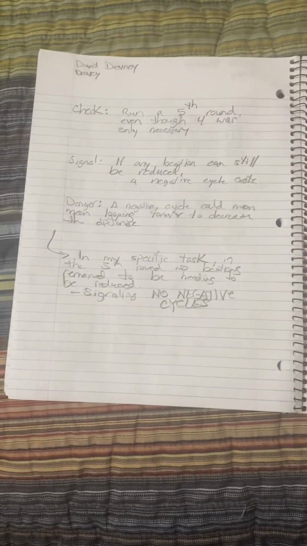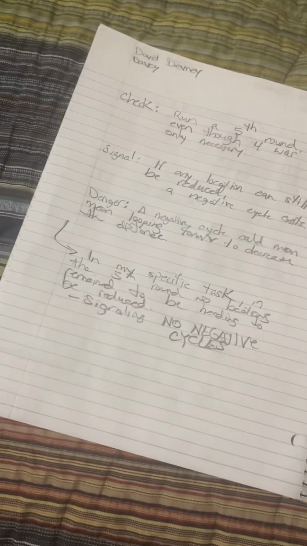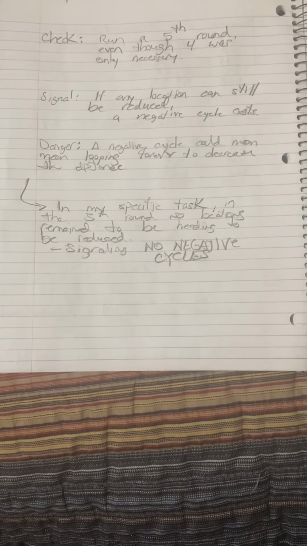So in my specific task, in the 5th round, no locations needed to be reduced, signaling no negative cycles.